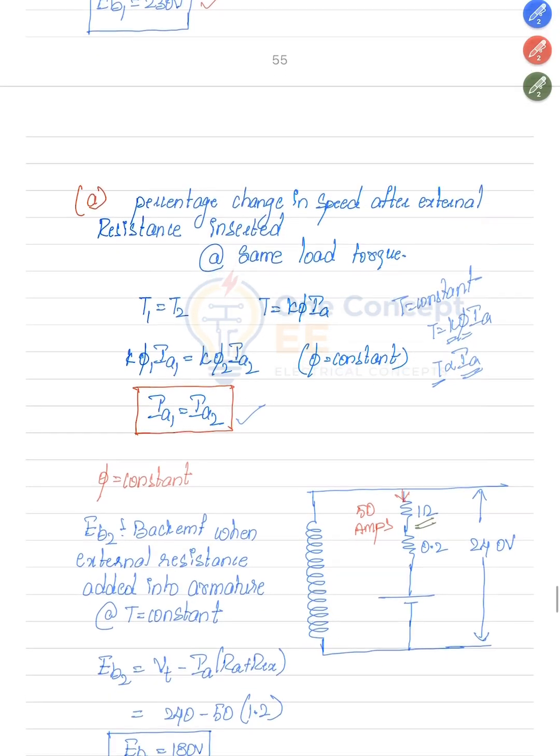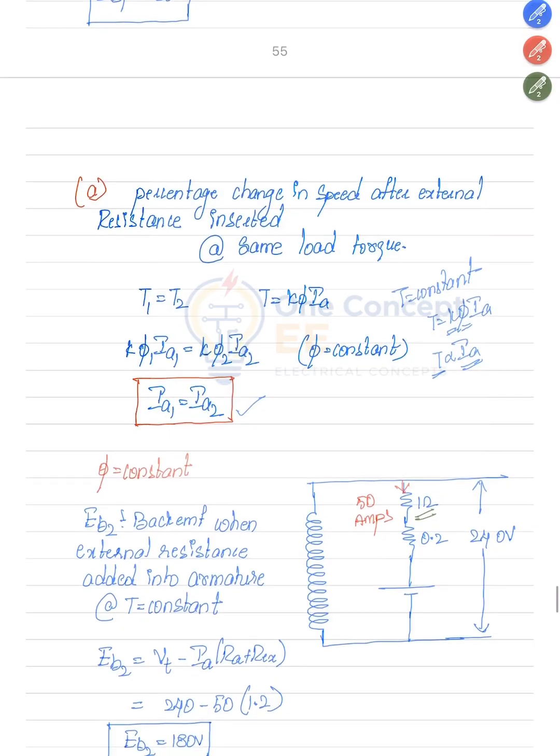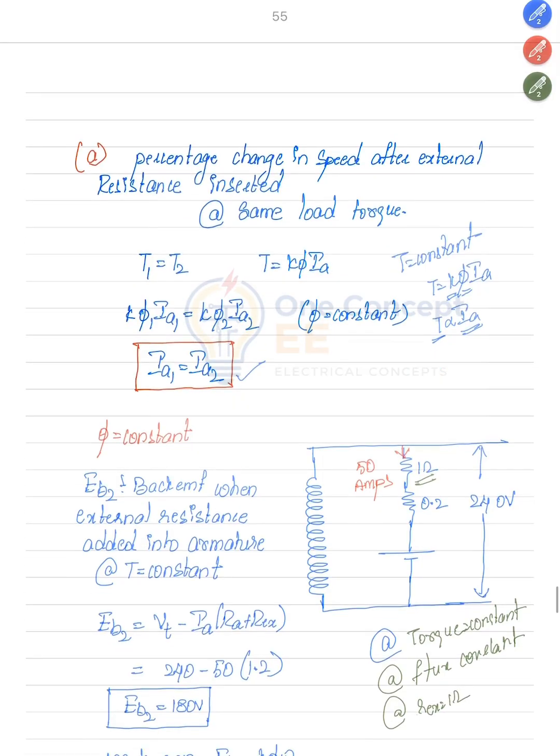Now the back EMF under this condition, at constant torque and constant flux, with external resistance of 1 ohm added, the armature current is 50 amps. By using this equation, I am finding back EMF Eb equal to Vt minus Ia into Ra plus R external. By this, the back EMF is 180 volts.